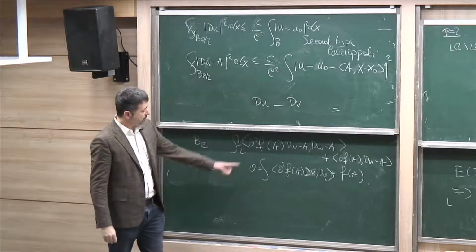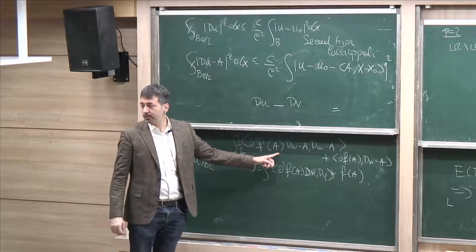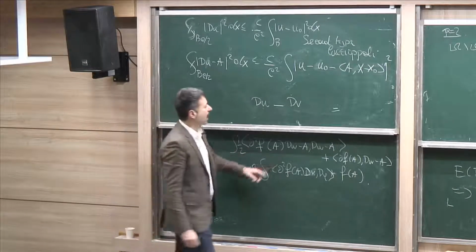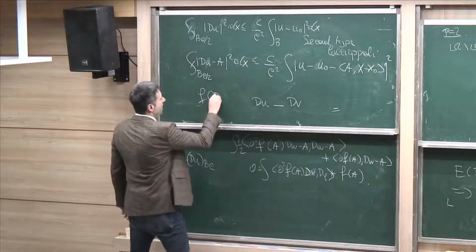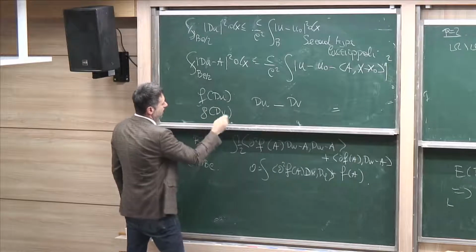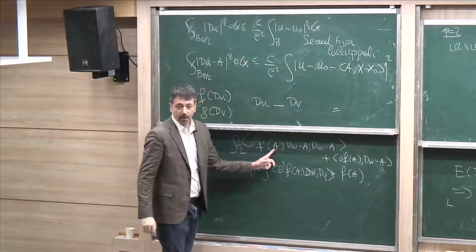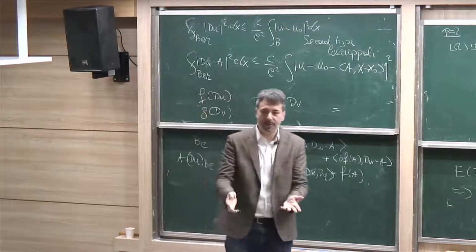Why is this true? Because this is nothing but the second order Taylor approximation of your energy. So f of your minimizer must be close to g of the PDE, of this type, provided, of course, the Taylor approximation works.